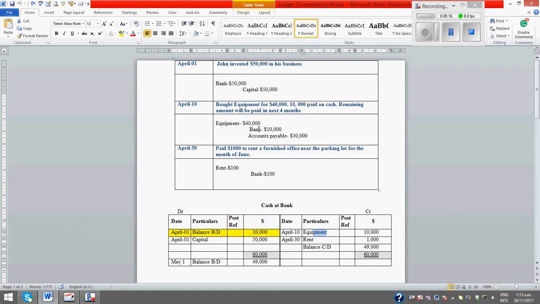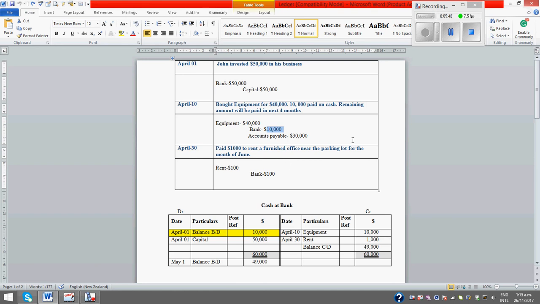The opposite entry of bank is equipment, not accounts payable, because bank is credit, so the opposite entry should be the debit one. So it means bank account has been decreased by $10,000 because the business paid $10,000 for buying equipment.